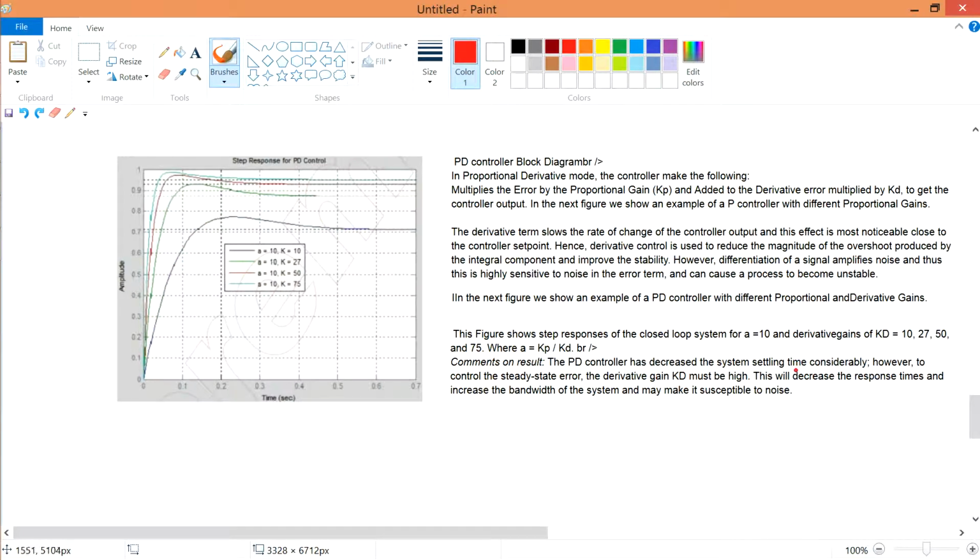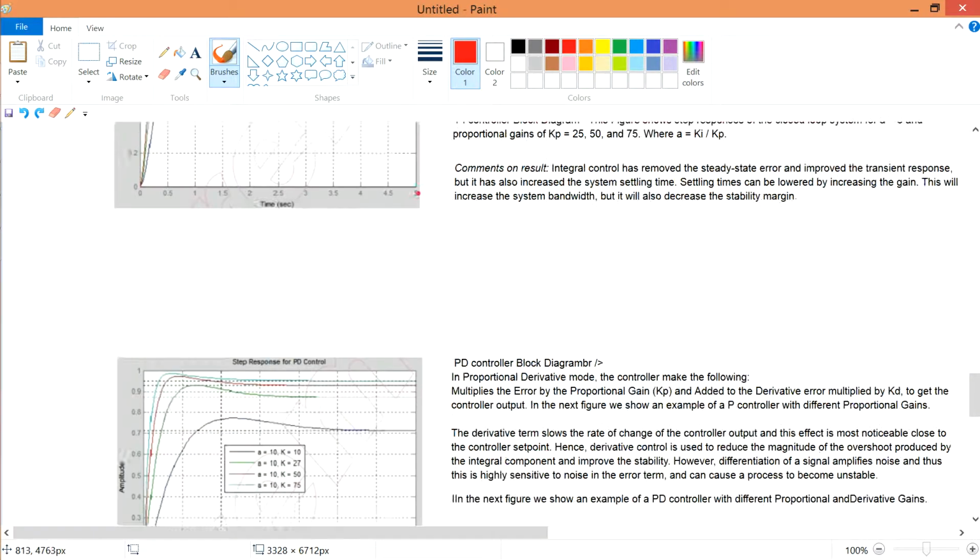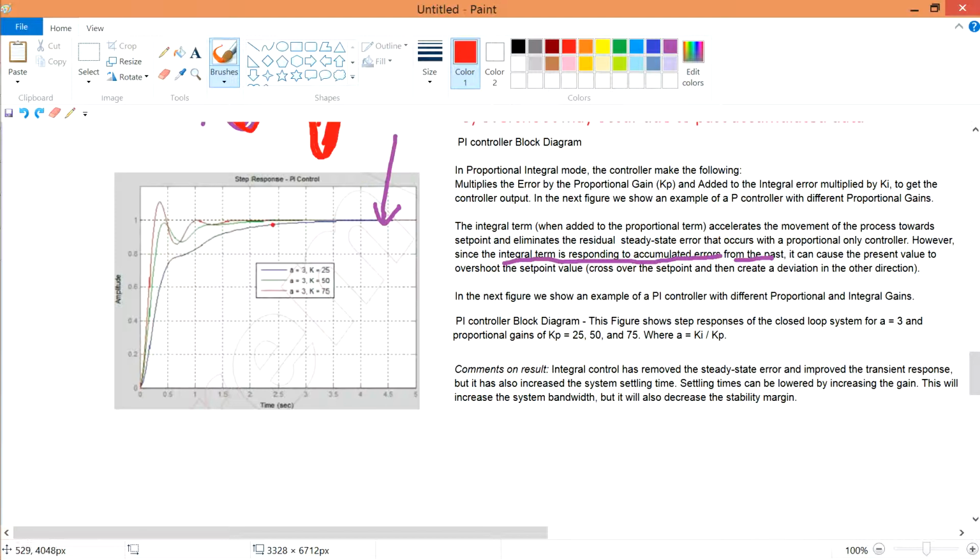Alright. However, to control this steady state error, because there is also steady state error, if you just take a look, there's a difference if you compare to the PI controller. Do you see all of the signals over here all become like this? They're all going to the same output response of 1.